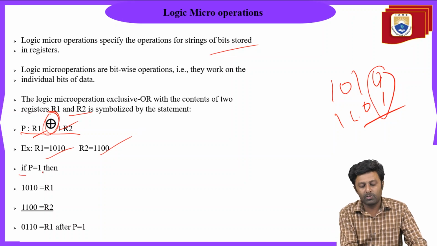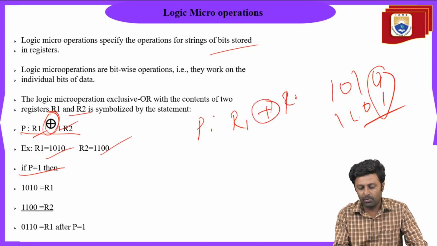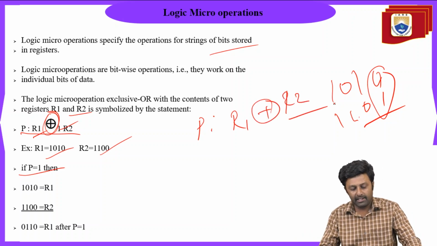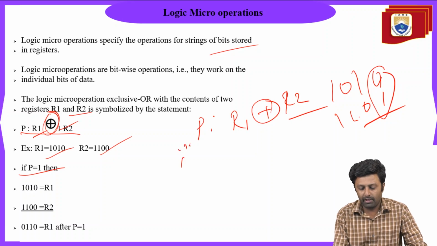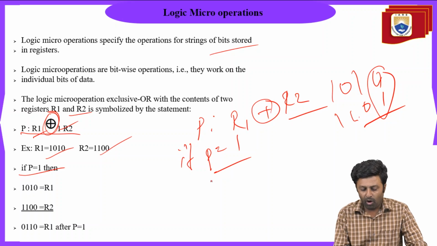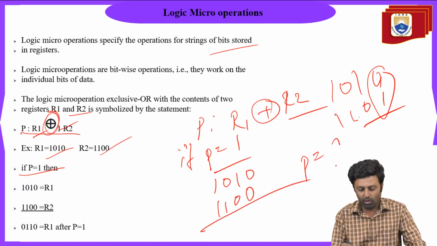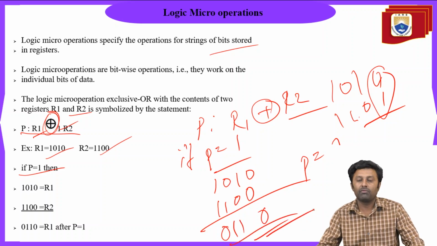If P is equal to 1, then the XOR operation of these two is done, and the output will be 0110.